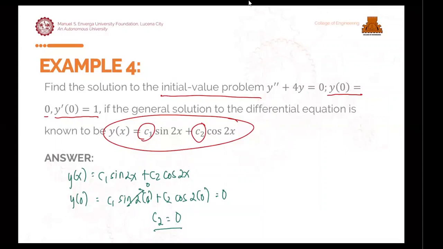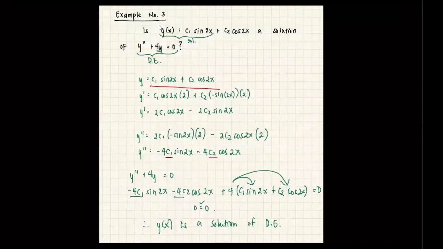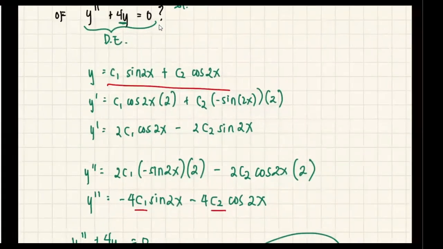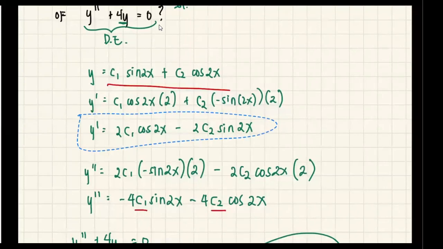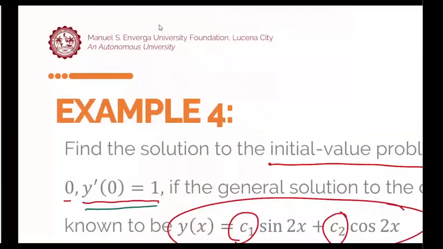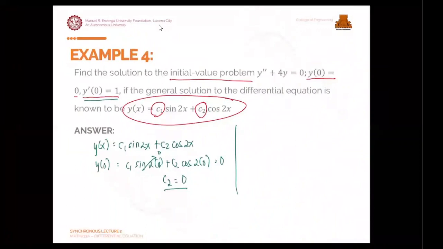Then, kasunod, yung second condition natin, yung y prime daw natin is equals to 1 kapag x is equals to 0. So, ano ba yung equation natin ng y prime? Yung y prime natin, dun sa previous slide, ito. So, copy ko lang. Okay.